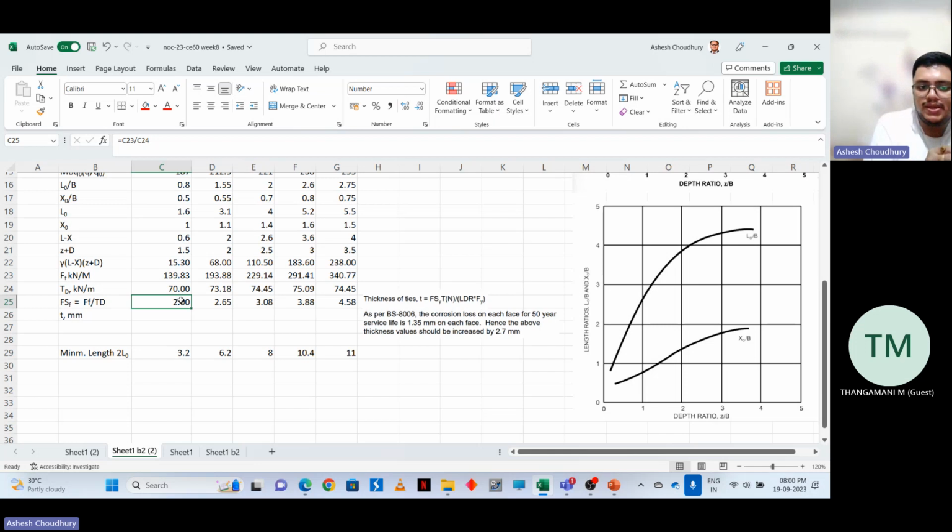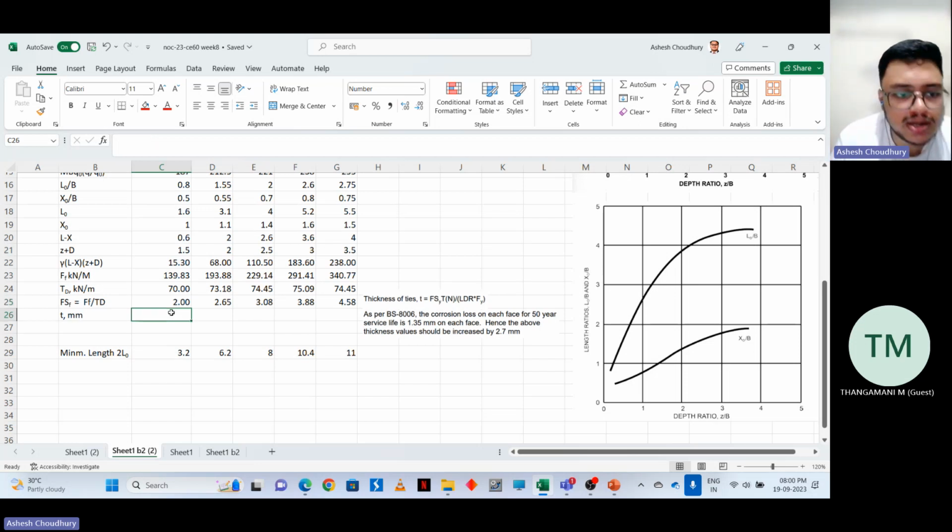Okay, if you want to keep the width as 2 meter, what we can do is just reduce the number of layers to 4 layers, increase the spacing between the layers, and provide 4 layers, and then check again if in all those 4 layers this FSF is satisfying or not.